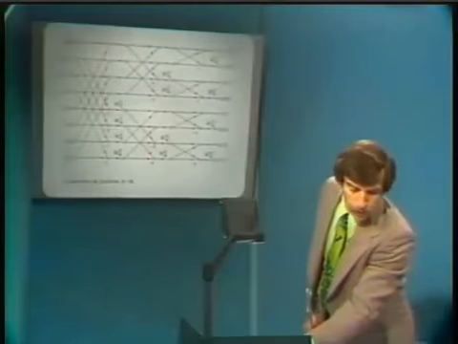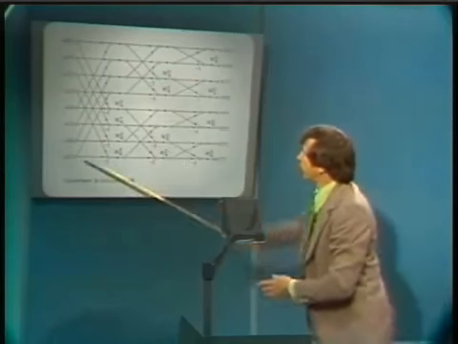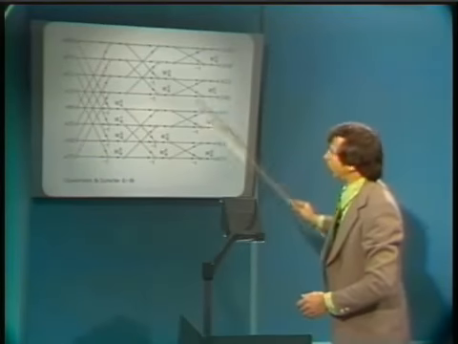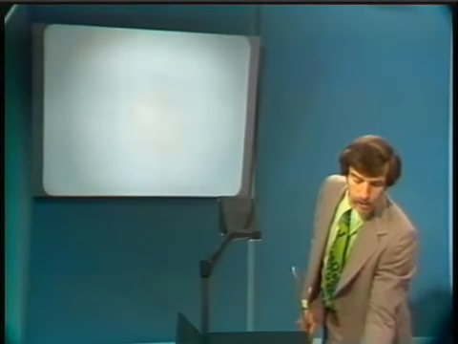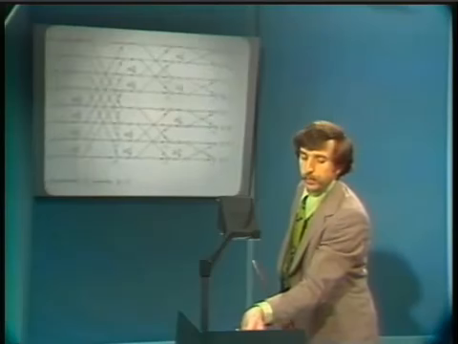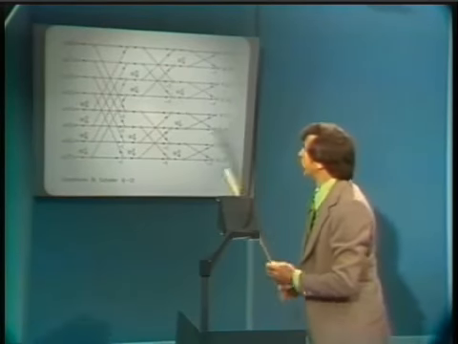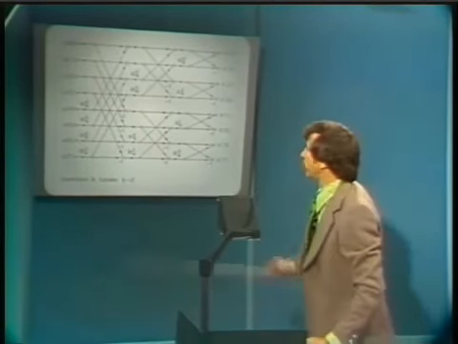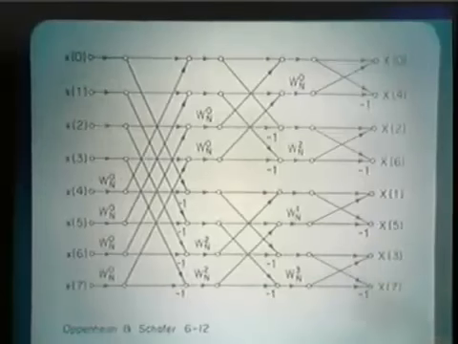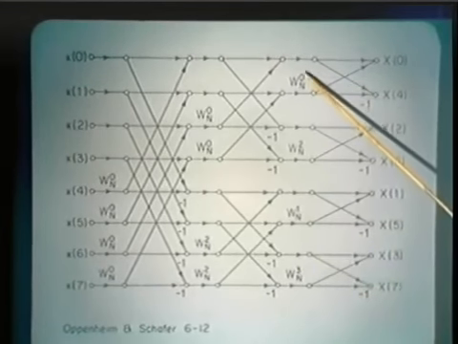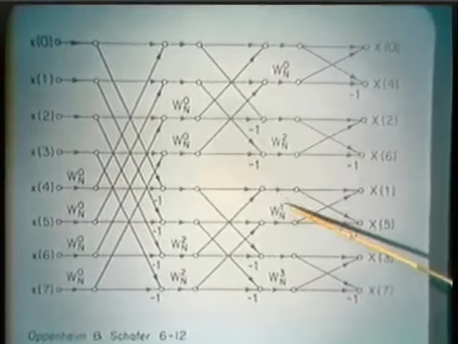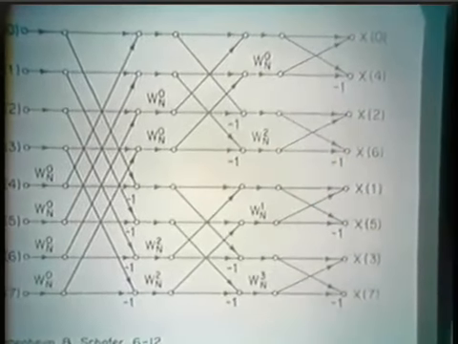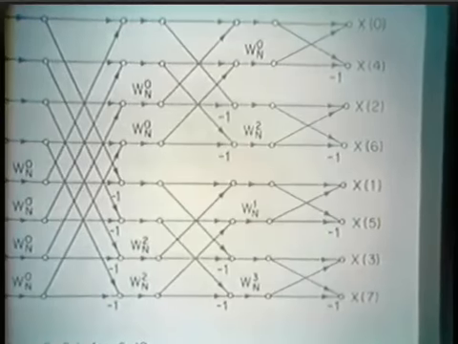And this is normal input order, bit reversed output order, whereas if we took, let's say, the decimation in time form of the algorithm, where we have normally ordered input and bit reversed output, in that case, if you look at these powers of W, they're not in normal order. In fact, what they're in is bit reversed order.